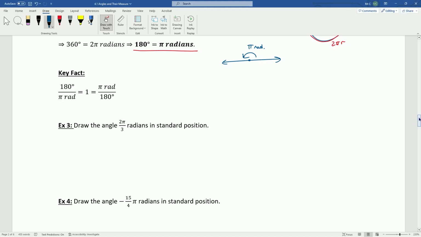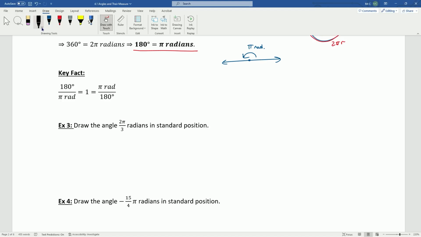Since we get that relationship, it allows us to derive a bunch of mathematical facts that only work when we're dealing with radian measure. That means it's really important that we become comfortable using radians and picturing radian angles without wasting a lot of time going back to degrees or trying to convert to degrees. So how do we start building that idea?